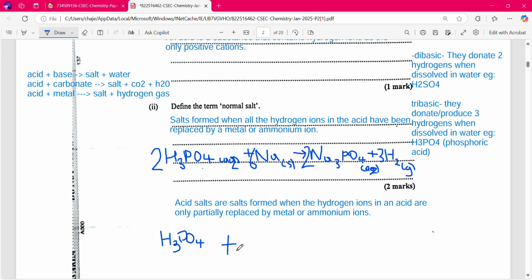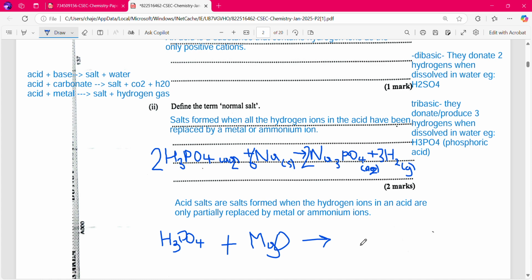Yes, other than a metal. Or we can use back the same. Okay. Yes, remember that metal oxides are basic. So yes, that's okay. Alright. What do we form?